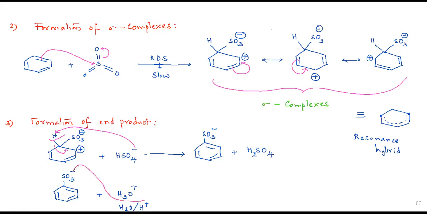You get benzene sulfonic acid. So this is the mechanism of sulfonation. Finally, benzene sulfonic acid is produced.